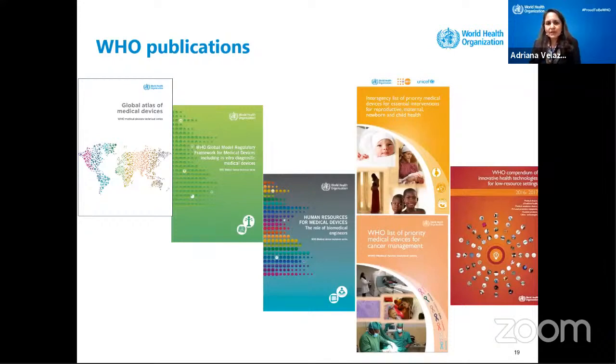And then the last one that we have here is the Compendium of Innovative Technologies. WHO has been making calls since 2011 to try to define what technologies are there that can be selected and published in these books so that then low and middle income countries or low resource settings can use these technologies.